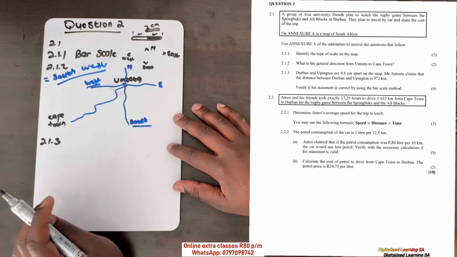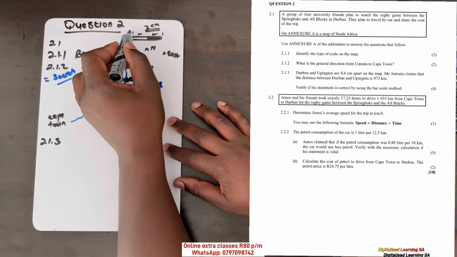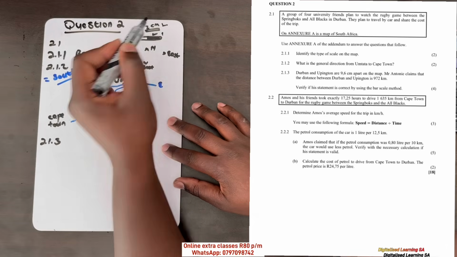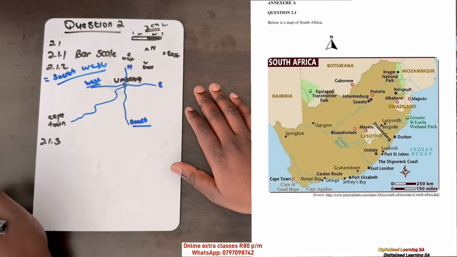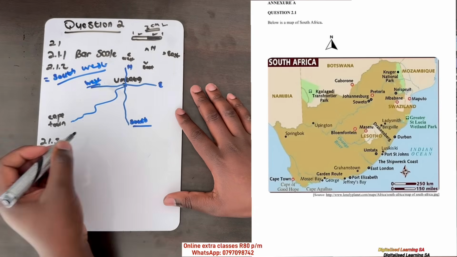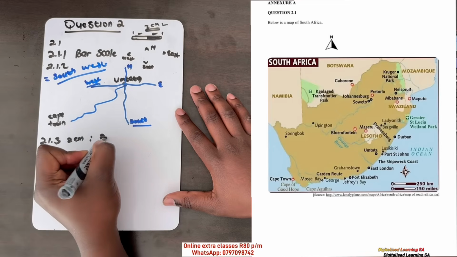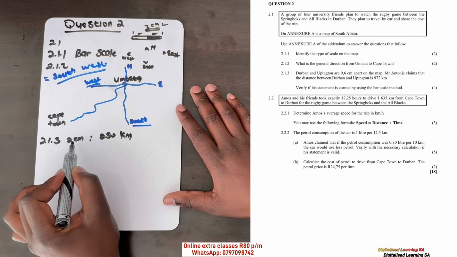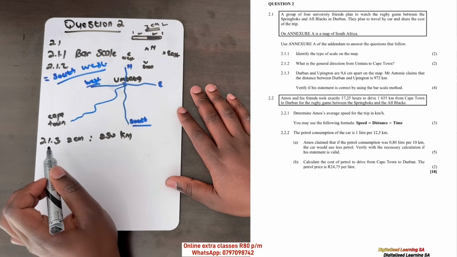I didn't print out the paper and I don't have the ruler with me, but if you place it, we can easily see that it is 2 centimeters. Always remember to take your ruler to the exam so that you can measure such things. So 2 centimeters on the map is equal to 250 kilometers in actual reality.